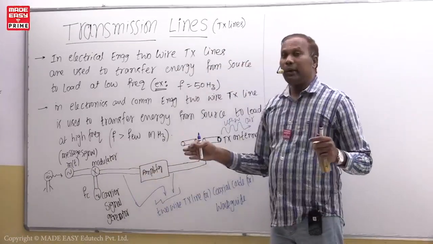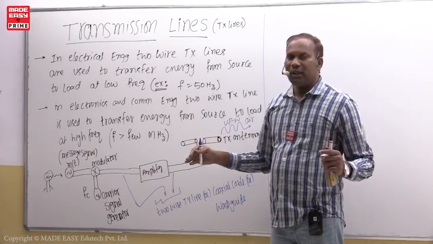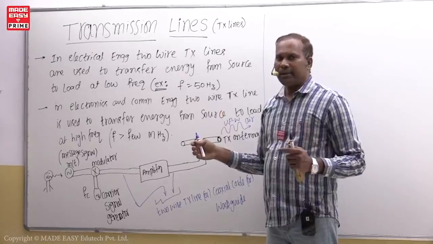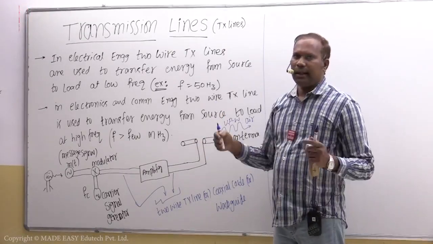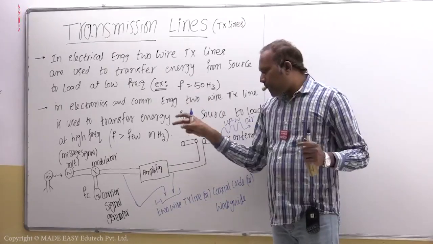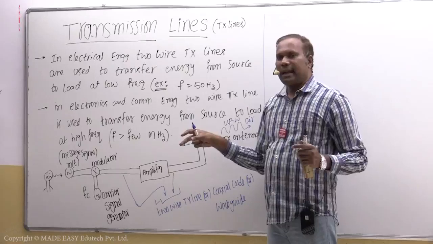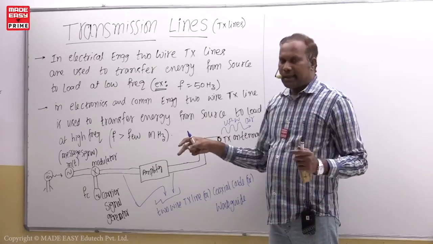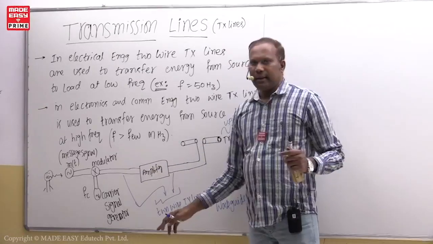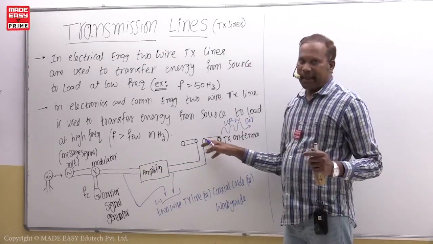And according to network theory, every signal generator or signal source has voltage and internal impedance. Then the signal present in that signal generator is supplied to the two-wire transmission line, first wire and second wire. Then it is supplied to the transmitting antenna.